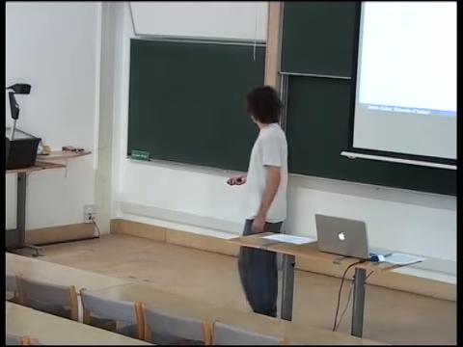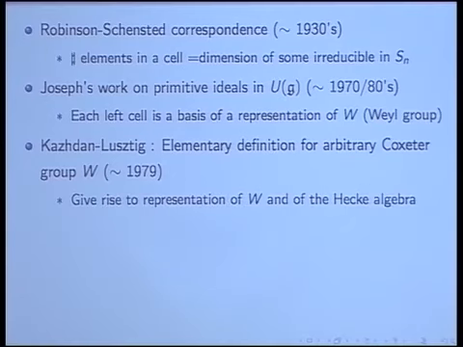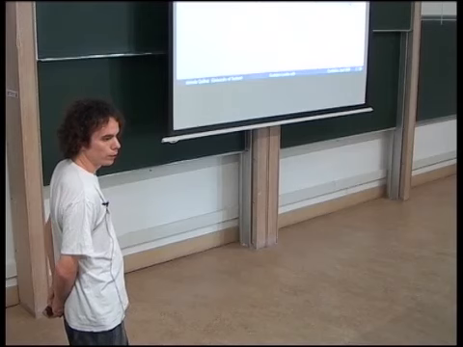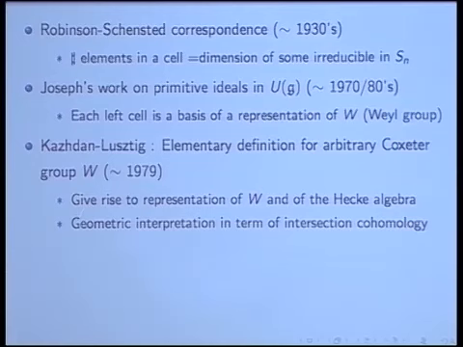Later on, in 1979, Kazhdan and Lusztig defined cells for an arbitrary Coxeter group, and then each left cell gives rise to a representation of the Coxeter group, but also of the Hecke algebra associated to it. And there is a geometric interpretation in terms of intersection cohomology. Of course, the definition of Kazhdan-Lusztig coincides with the definition of Joseph and with the Robinson-Schensted correspondence as well.